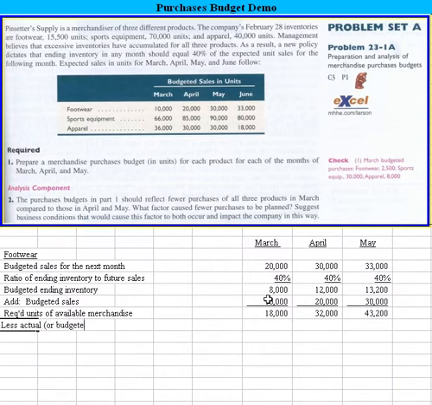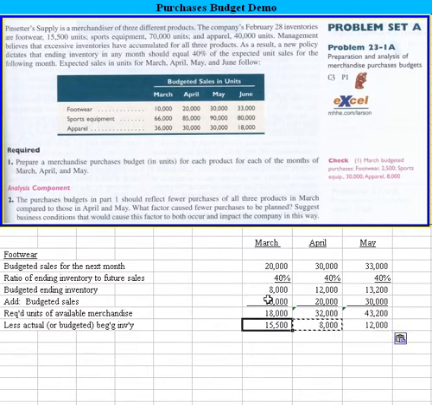Okay, then we have to subtract out, less the actual or budgeted, depending on what period we're in, beginning inventory. And I'm going to use a couple abbreviations here. How about we do it that way? Right? So we were given a beginning inventory of 15,500 for the footwear division, right? And then the budgeted beginning would be equal to the prior month's ending, so that's going to be 8.